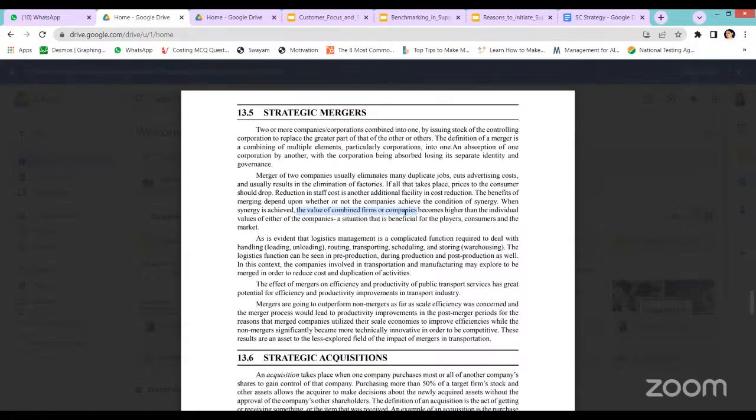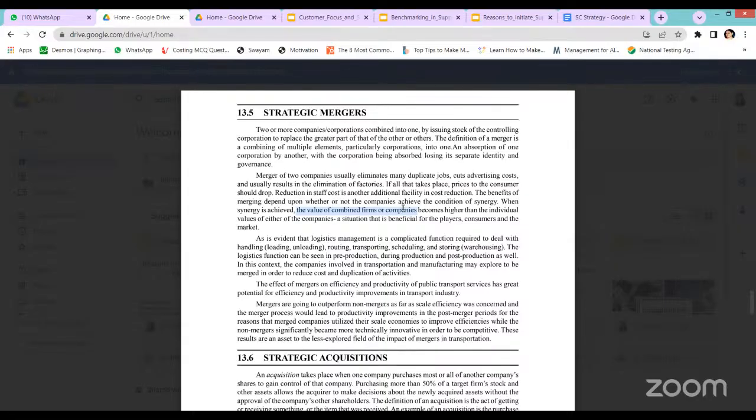Instead of buying separately, searching for the supplier, maintaining the relationships and ensuring that there are no conflicts, I'll merge that supplier into my firm and try to get the economies of scale and capture the market, right?